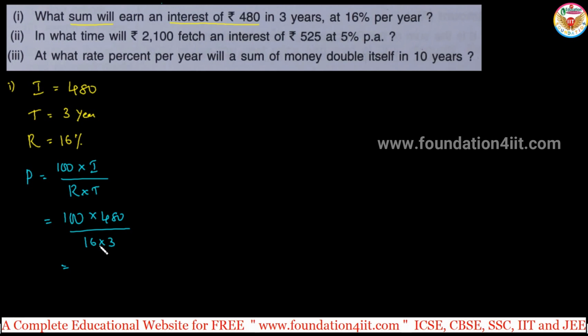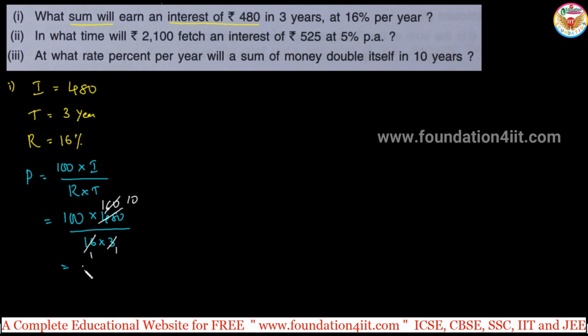Just calculate, you'll get 1000 exactly. 3 ones are 3, 18, 160 by 16, 16 times 10. So 1000 rupees is the P.